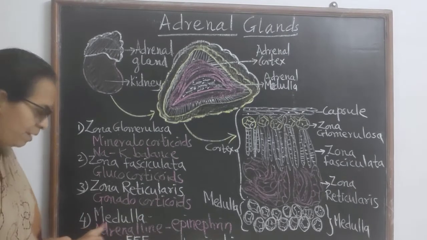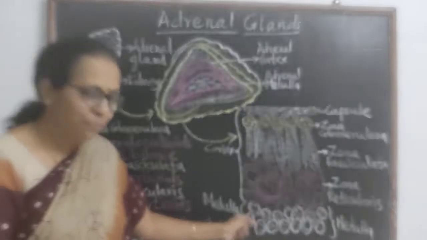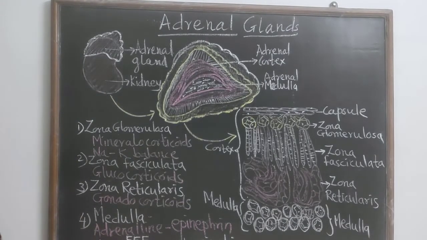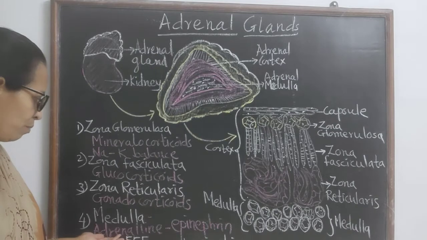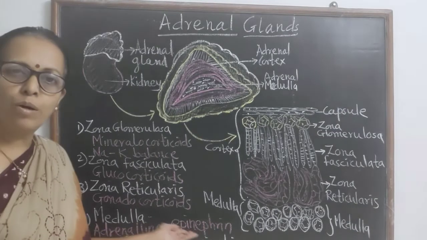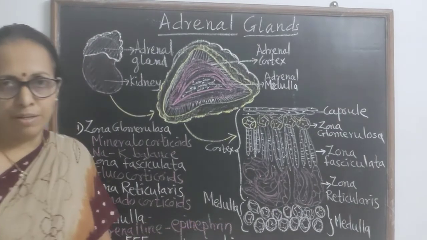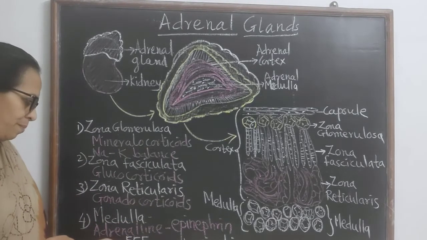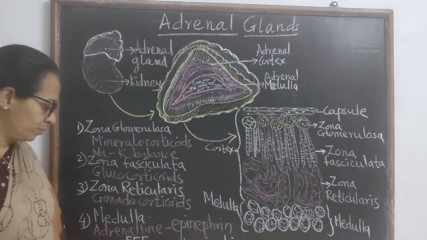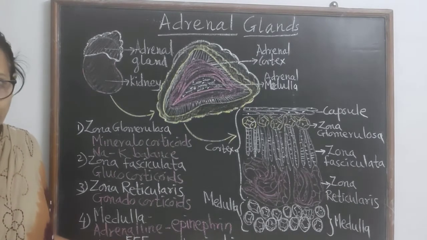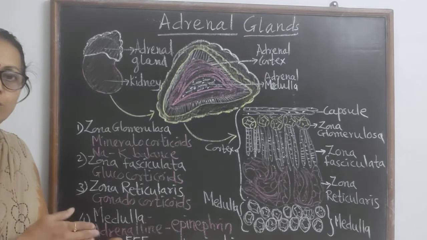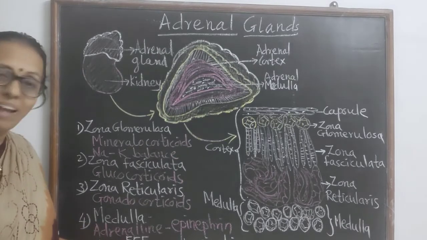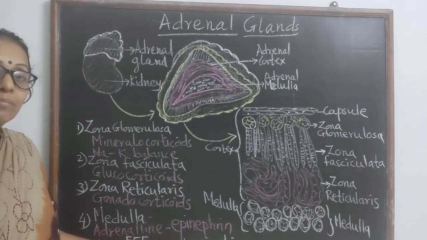The innermost layer, the medulla, secretes hormones which are proteinaceous in nature, and the precise name for them is adrenaline, or epinephrine, which is also called the emergency hormone, and another name is 3F hormone, the hormone released during emergency, like fight, flight and fright.